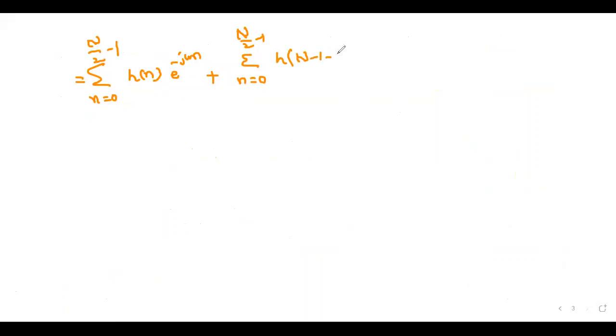So the summation n equal to 0 to N by 2 minus 1 of h of n into e power minus j omega n, plus the summation n equal to 0 to N by 2 minus 1 of h of N minus 1 minus n into e power minus j omega of N minus 1 minus n.